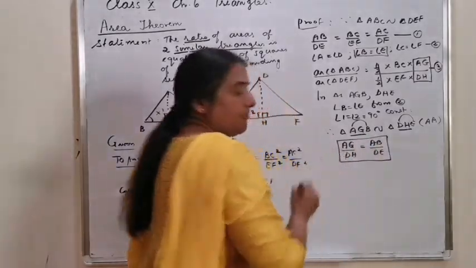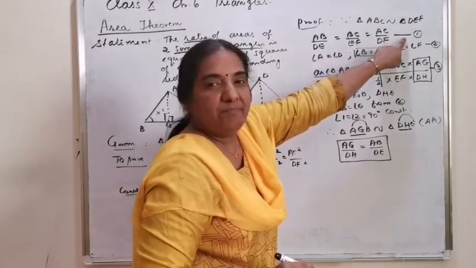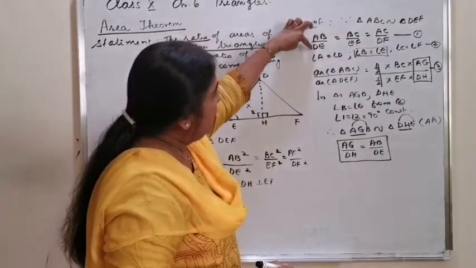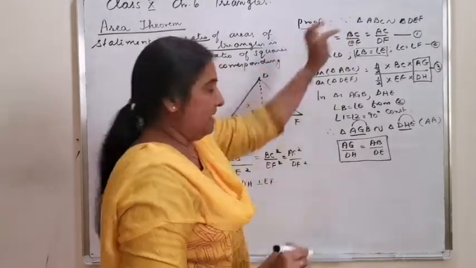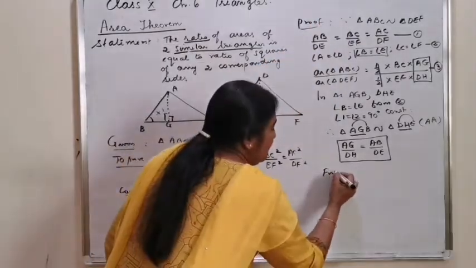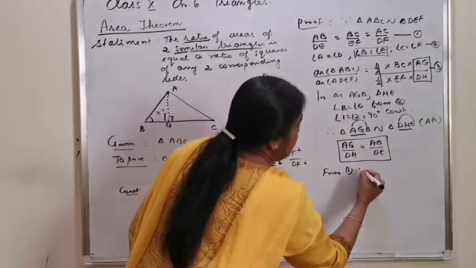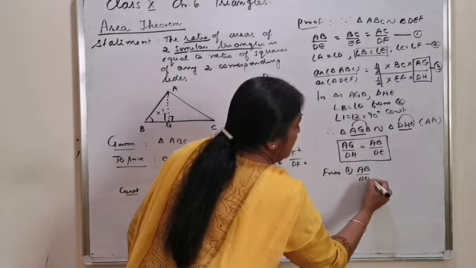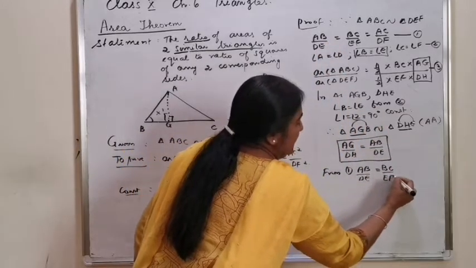Highlighted. Now, from equation number 1, AB by DE is equal to BC by EF.